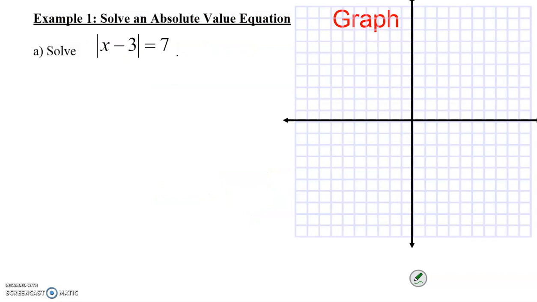So before we learn how to solve this algebraically, let's think about what the graph here would look like. So the graph of absolute value of x minus 3. This is a linear function that would have a slope of 1 and a y-intercept of negative 3. Let's start down at negative 3 and it would have a slope of 1. So it would look something like that.